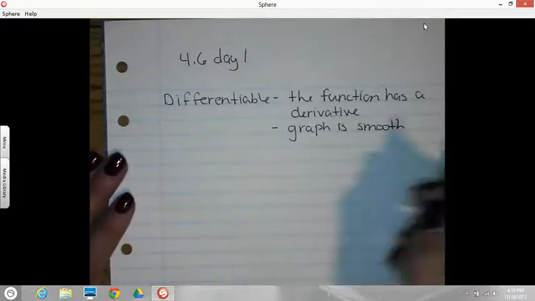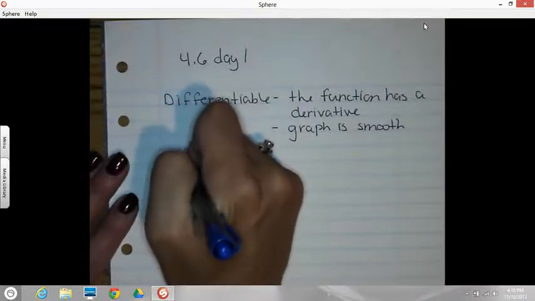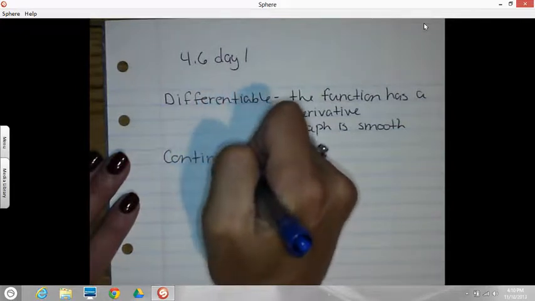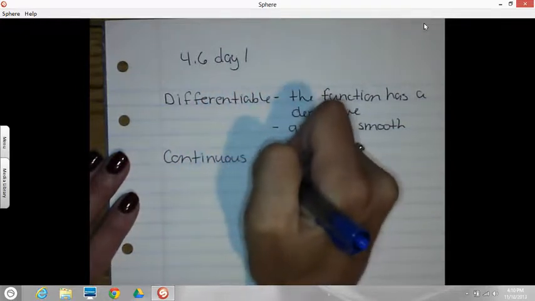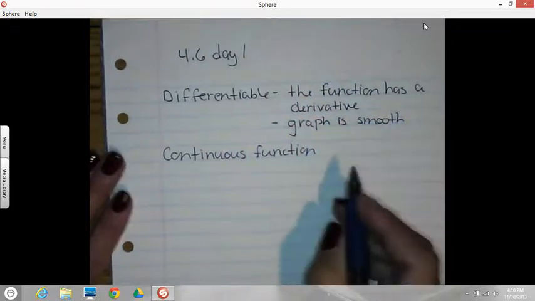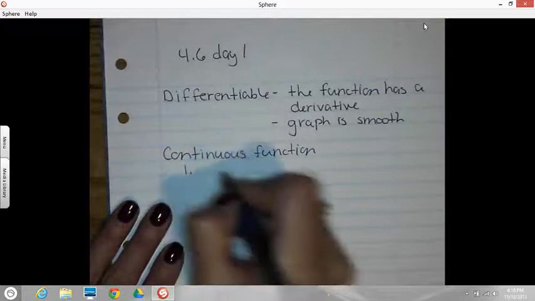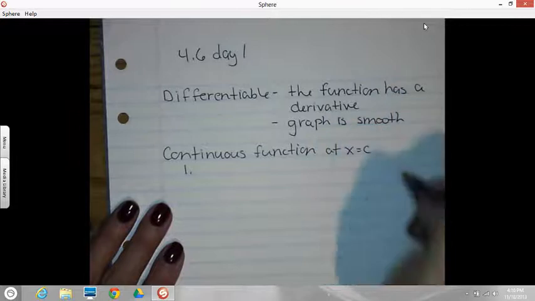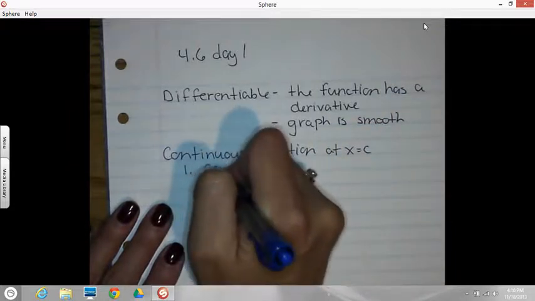Okay, got a continuous function. We had this three-part definition, I believe, back in the last chapter. To be continuous, three things had to happen, and it was at a specific point. First of all, f of c had to exist.